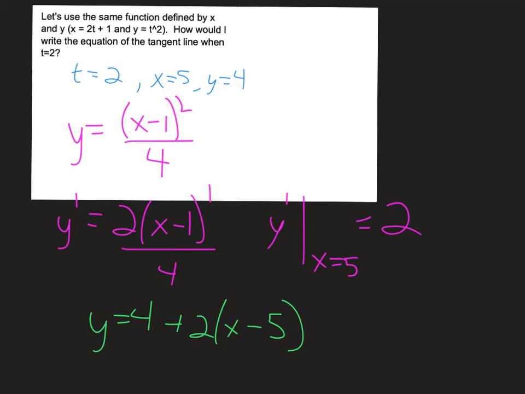Now there's got to be a way to deal with the t stuff. So let's think about this. Let's think of dx/dt. That's 2. Let's think of dy/dt. That's 2t. I want dy/dx.